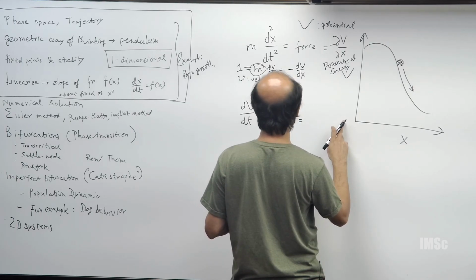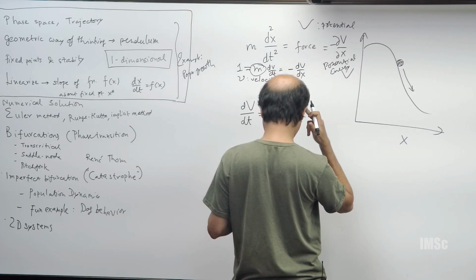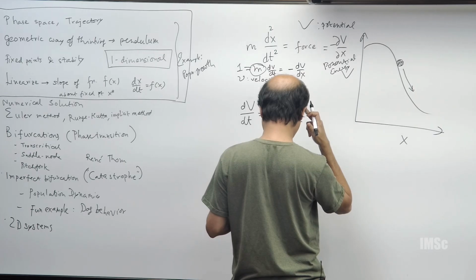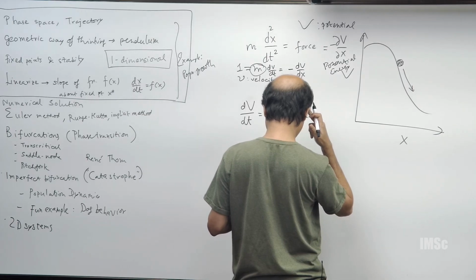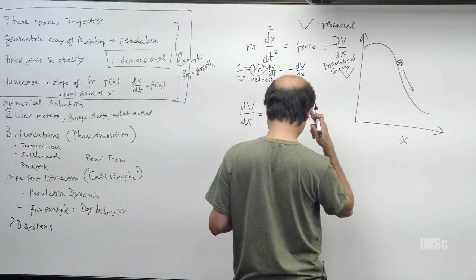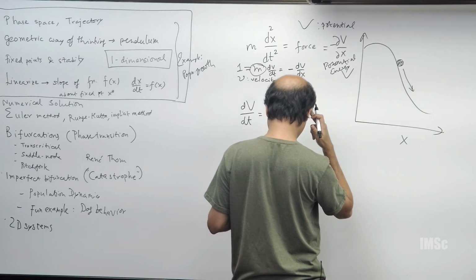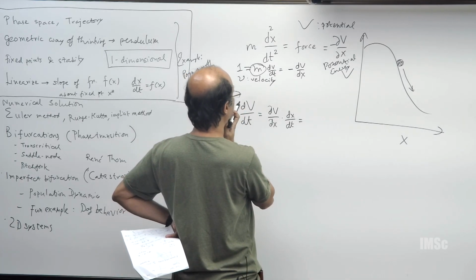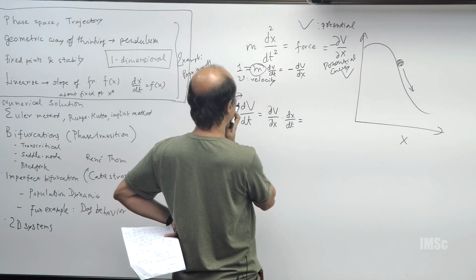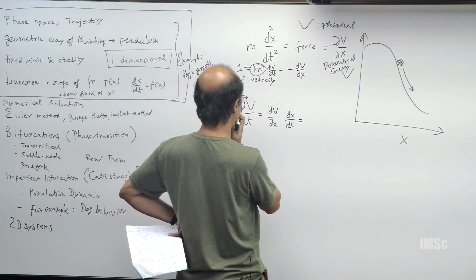so dx dt has, let me see, mv, potential is f x dV dx. Okay, so let me see. I should get a dV dx whole square.